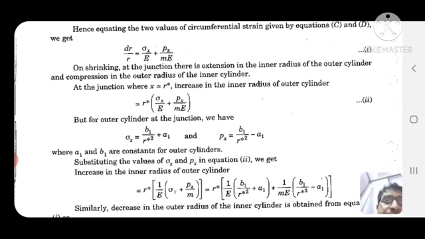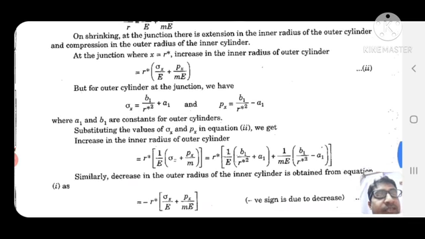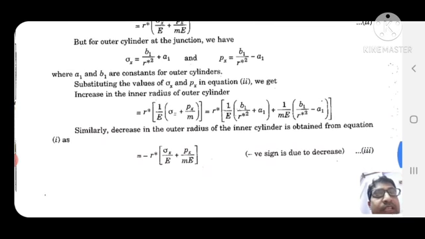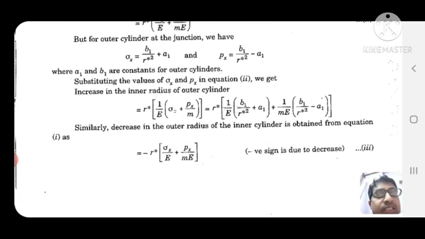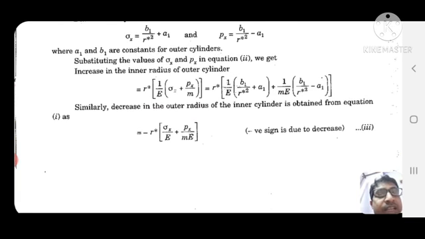But for the outer cylinder at the junction we have sigma x equal to B1 by R star square plus A1, P_x equal to B1 by R star square minus A1. So A1 and B1 are constants for the outer cylinder. So increase in the inner radius of the outer cylinder is R star by E into sigma x plus P_x by m.